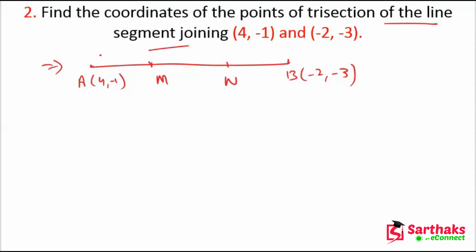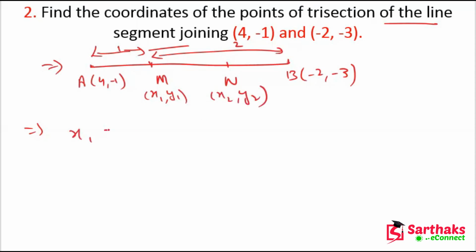Let's suppose firstly we take the ratio as 1:2. Now we can find the coordinates of M. This is (x1, y1) and this is (x2, y2). So x is equal to 1 into -2 plus 2 into 4, divided by 1 plus 2.